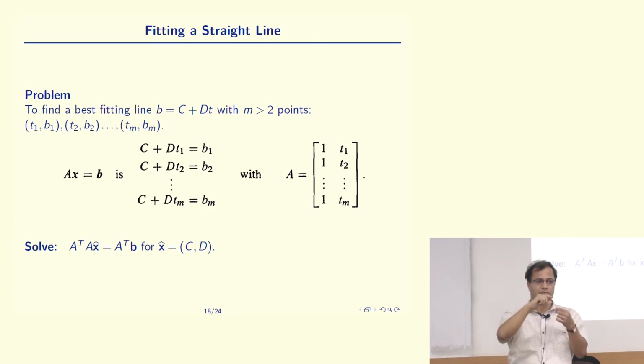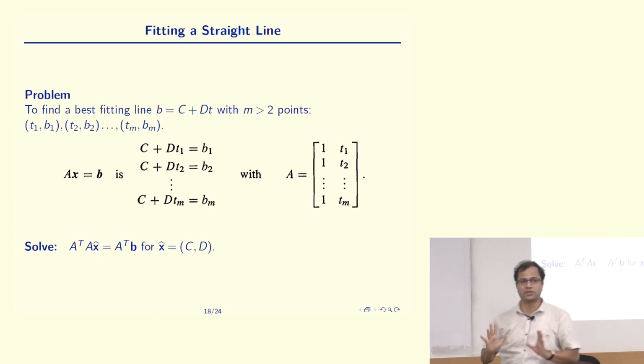When you have say 100 points in the plane, and you want to approximate with a line, the line will have how many parameters? 2 parameters. So either you choose the points very carefully so that they lie on the line, and then you will have a solution. Or otherwise, most of the time when the points come naturally, they will not fall on the same line, so your system Ax is equal to b will not have a solution.